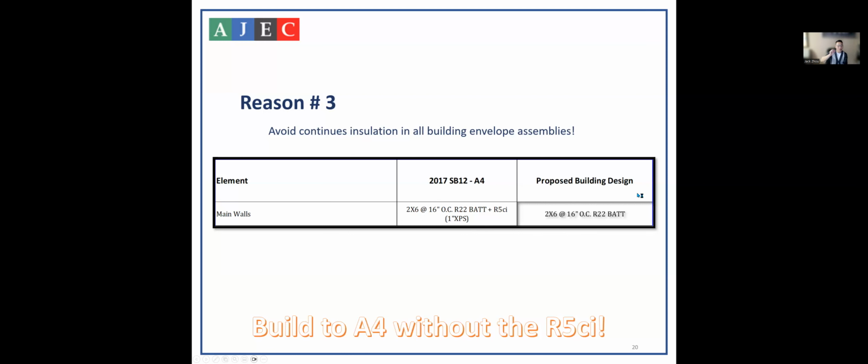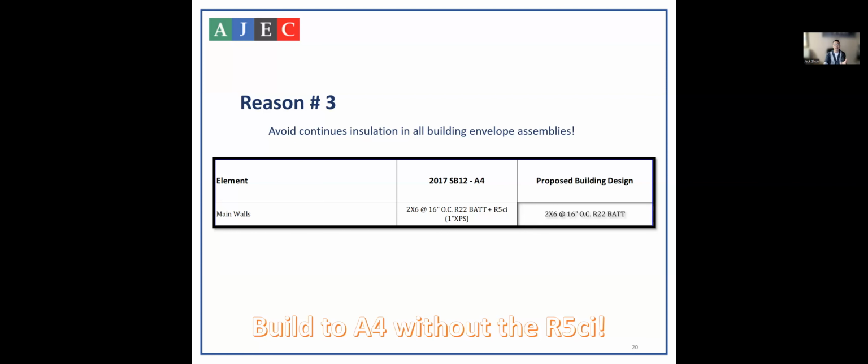As long as I meet those 7 sets of rules for the performance compliance, I could actually build the same house with a 2x6 at 16 inch on center with an R22 batt. That is actually allowed. So I can remove completely the R5 requirement if I do energy modeling and if I comply with those 7 rules.